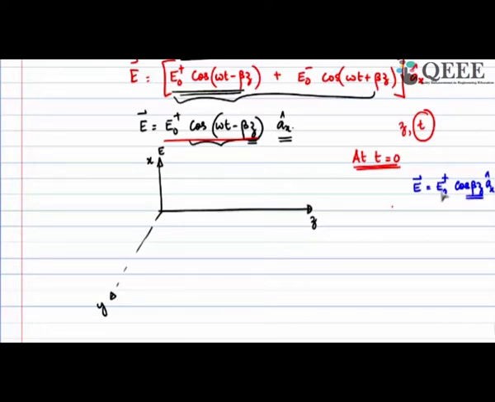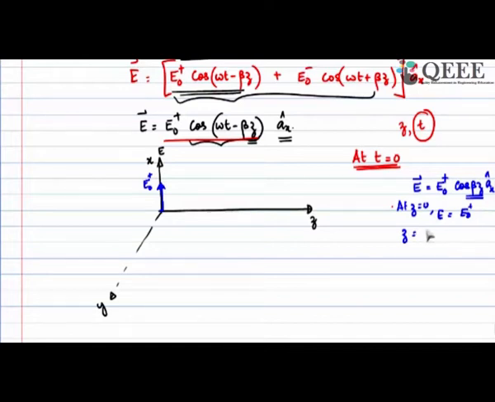So at z equal to 0, what is happening? I have E naught plus cos 0, and cos 0 is 1. So it has a magnitude E naught plus; let's say this is the length of the vector whose magnitude is E naught plus, and the direction is along the x axis. This is at z equal to 0, E is E naught plus.